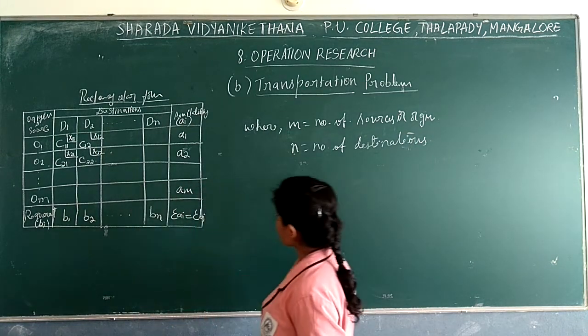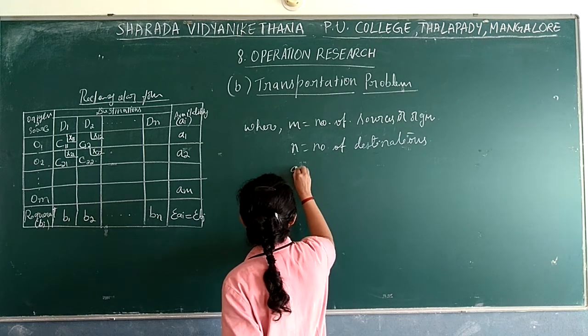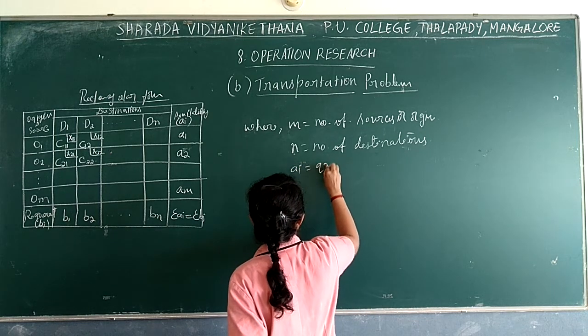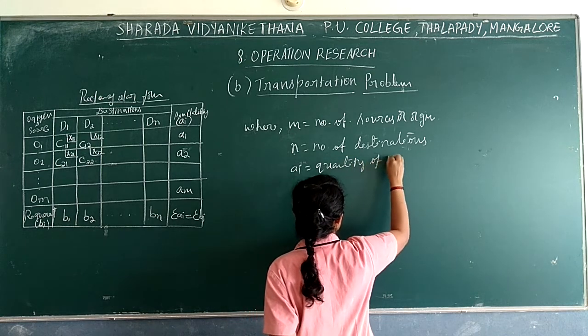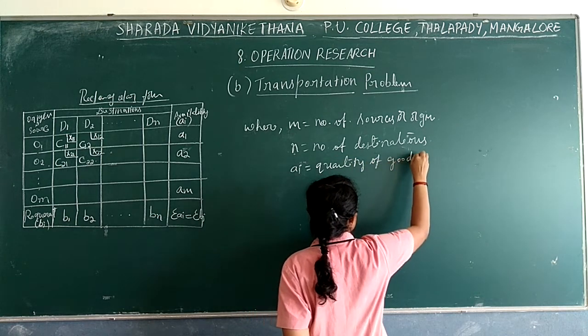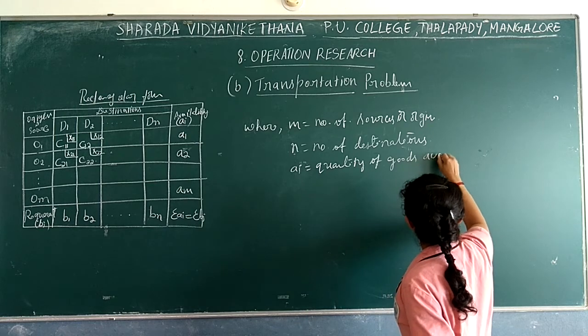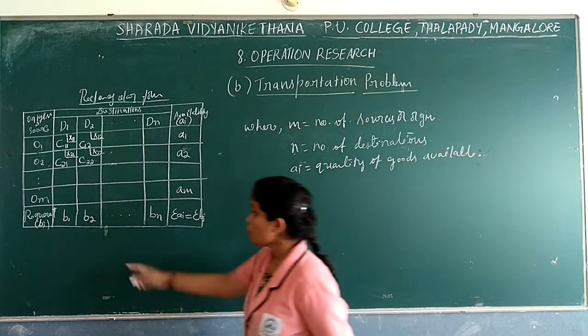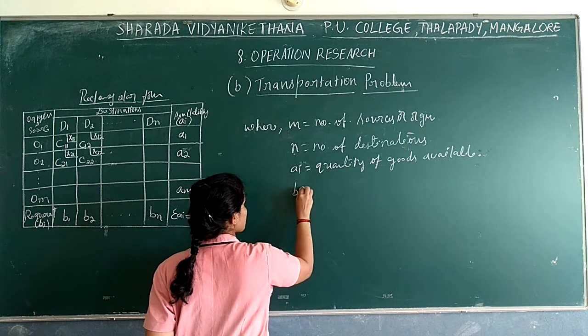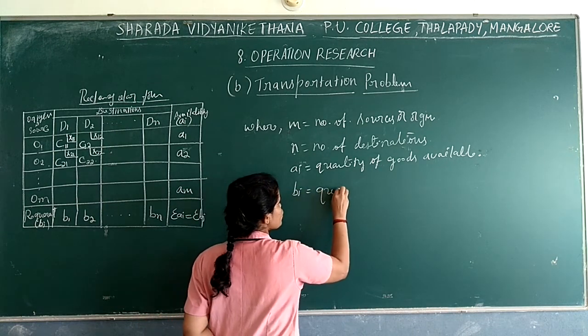Ai is the quantity of goods available, and Bj is the quantity of goods required.